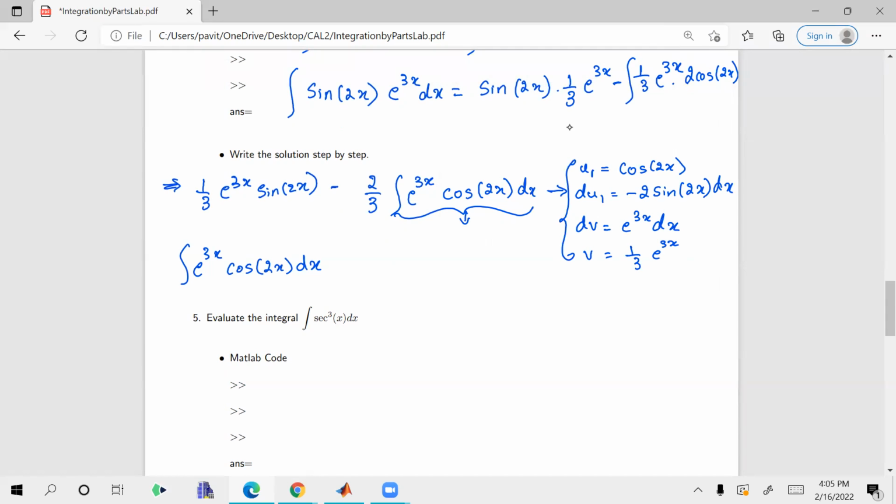Okay, so apply this in the formula here, equal to u into v, u1 v1.